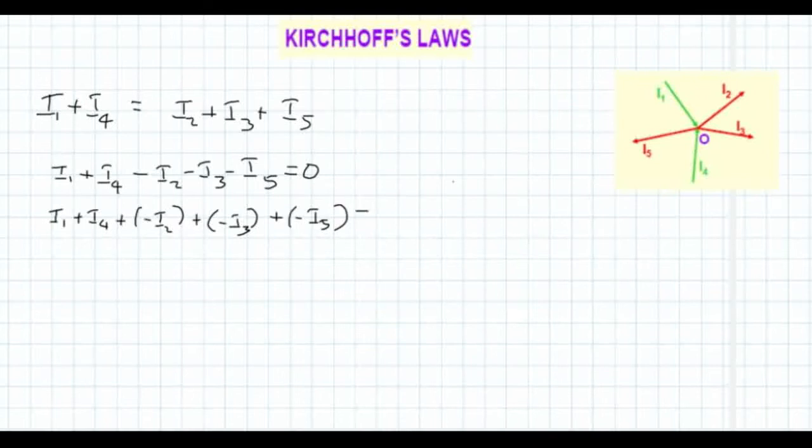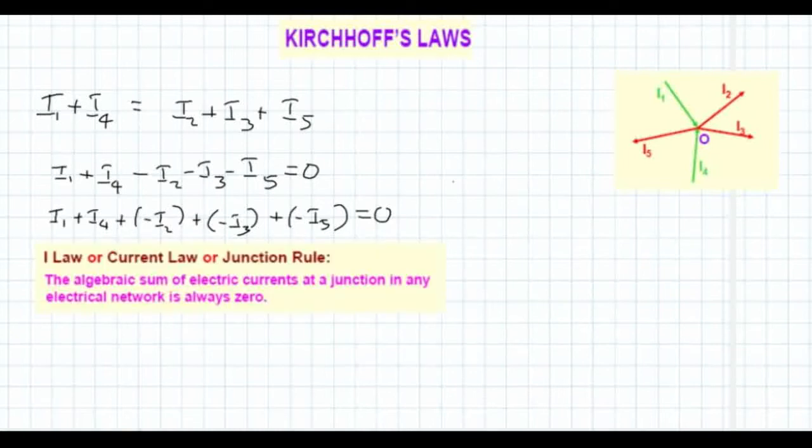That means the algebraic sum of the electric currents at a junction in any electrical network is always 0. And this is known as Kirchhoff's first law or Kirchhoff's current law, or also called the junction rule.